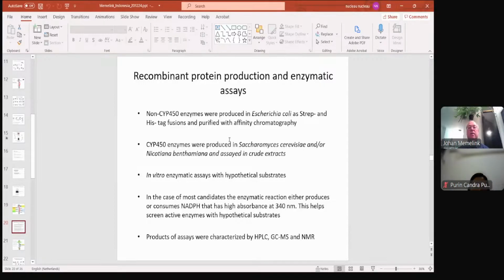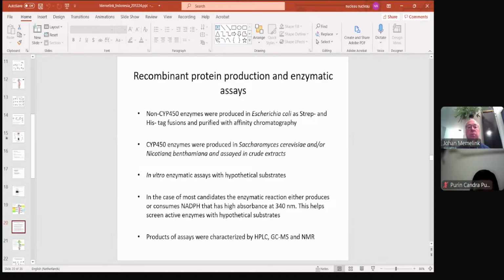In different ways. So the non-cytochrome P450 enzymes were produced in E. coli in a protein production system, and then purified by affinity chromatography and then tested. And then the cytochrome P450 enzymes are kind of complicated enzymes because they also need a coenzyme.